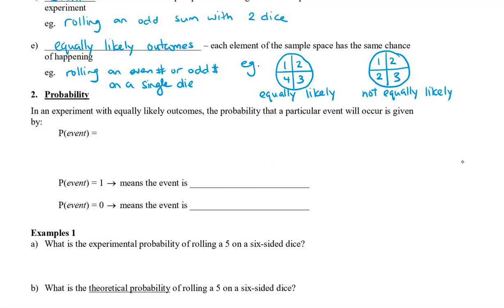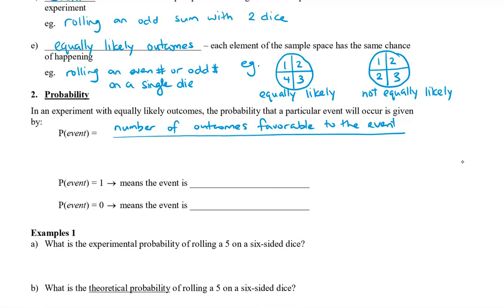So this is equal to the number of outcomes favorable to the event that we're looking for, and we divide that by the total number of outcomes in the sample space.